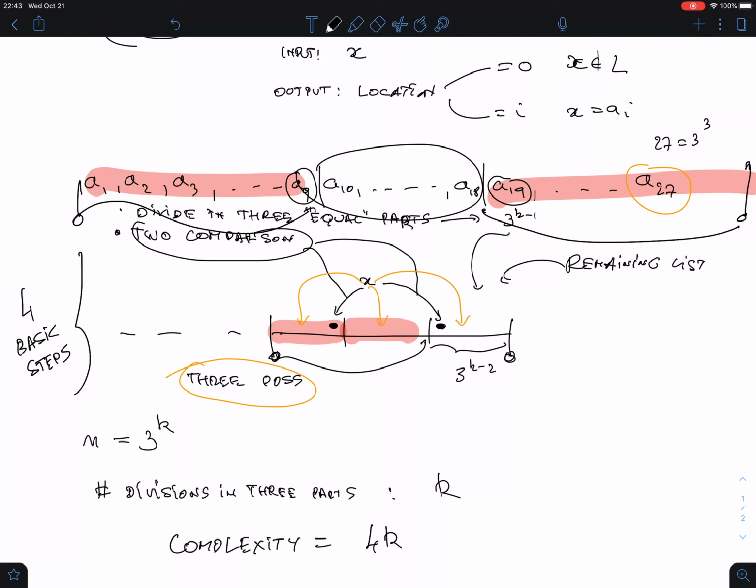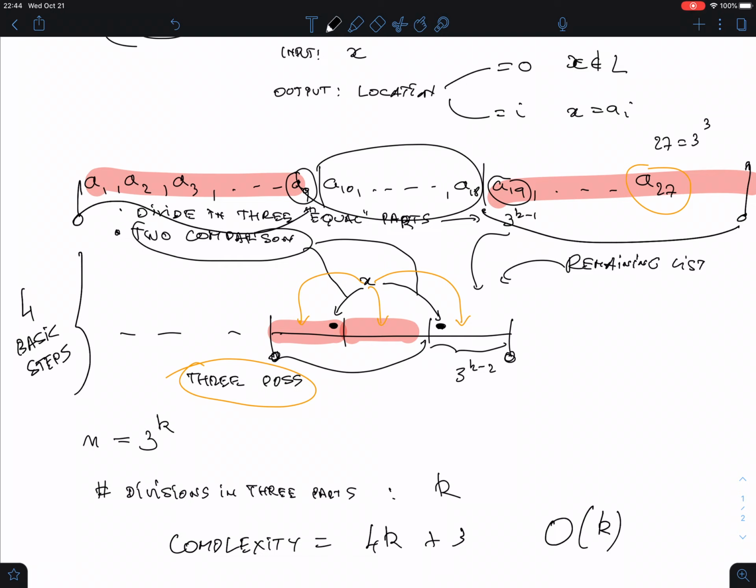I have to check whether this element that I'm left with is x. If so, then I call that the location. If it's not, I set the location equal to 0. So perhaps 2 or 3 more steps. I'm going to set it for the heck of it to 3. Why am I so cavalier, so careless about how many steps? Because we know that constants do not contribute to complexity. So the complexity of this is O of k.